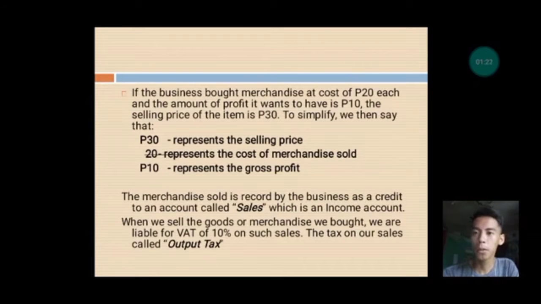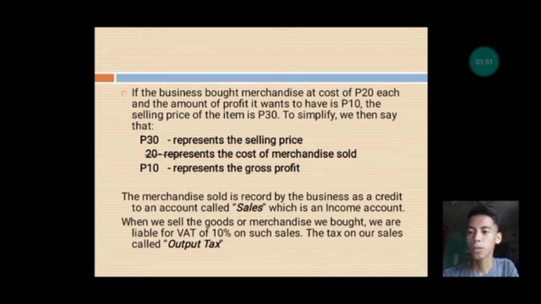If the business bought merchandise at a cost of 20 pesos each and the amount of profit is 10 pesos, the selling price of the item is 30 pesos. To simplify, 30 pesos represents the selling price, 20 pesos represents the cost of merchandise sold, and the 10 pesos represents the gross profit.